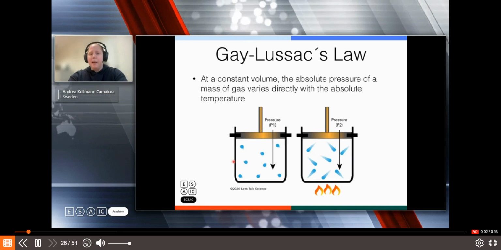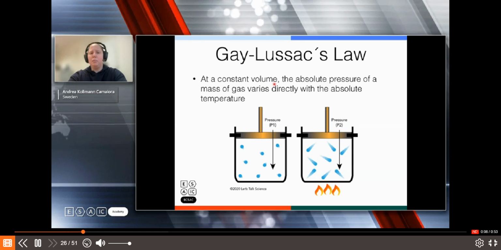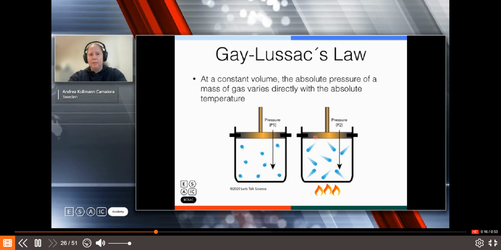And then we have Gay-Lussac's law, which states that at a constant volume, the absolute pressure of a mass of gas varies directly with the absolute temperature. So this is my constant volume here, they have exactly the same volume.